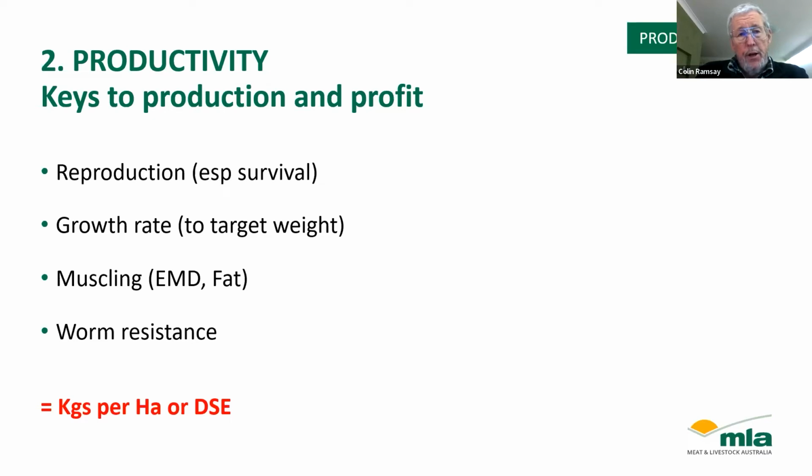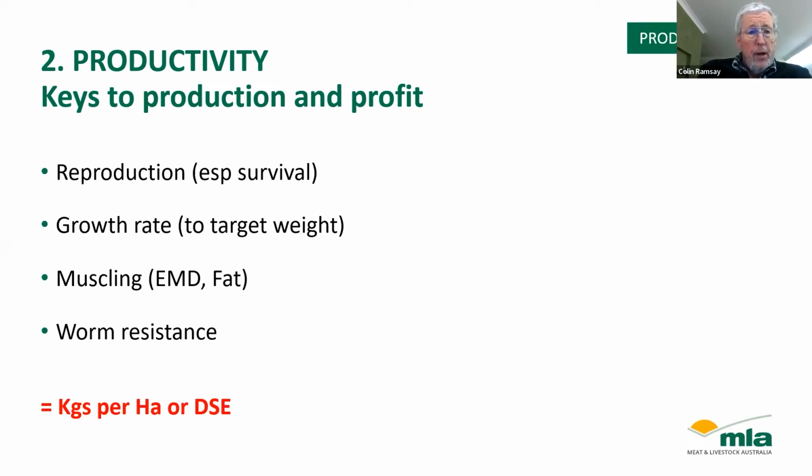There are many other breeding objectives, but if your breeding objective is production and turn-off and profit, by far the number one influence on that result is reproduction. And of reproduction, the survival of your kids is by far the biggest component of that.